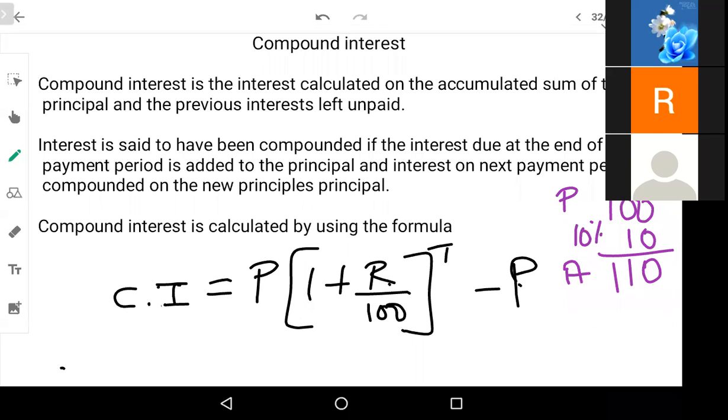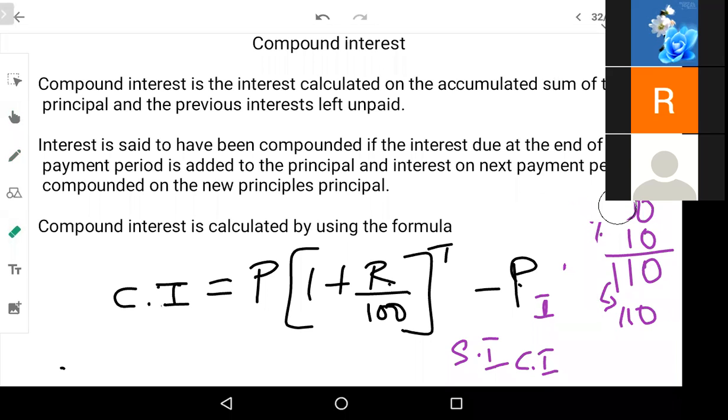Now for the second year, in simple interest, we were calculating the interest again on the principal. But in compound interest, we will be calculating the interest on the amount. Now in the second year, this amount will become the principal. I'll repeat that again. Listen carefully.